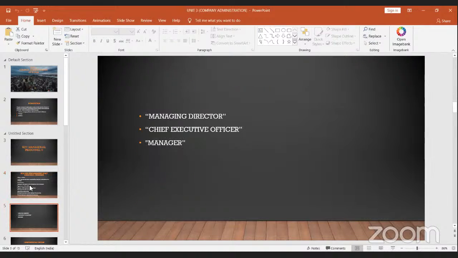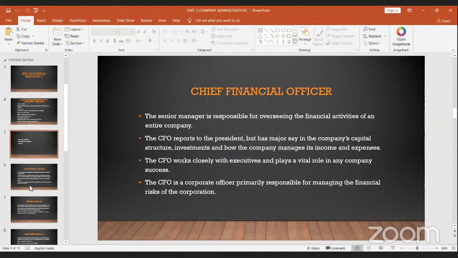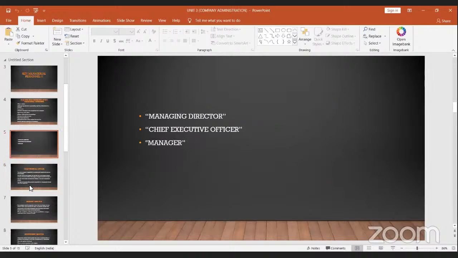These are the three important people who play a vital role in company administration: the managing director, the chief executive officer, and the manager. The chief financial officer is also important.